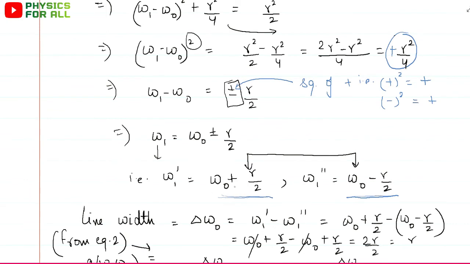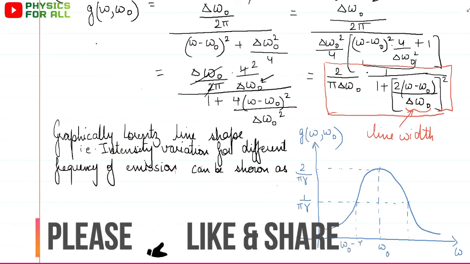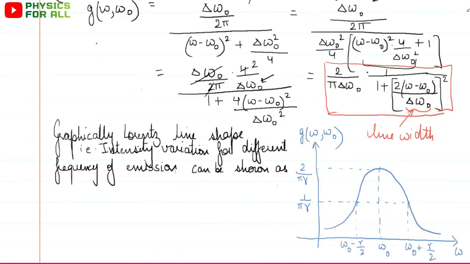Here, one is omega naught plus gamma by 2, the other one is omega naught minus gamma by 2. So this is omega naught minus gamma by 2 and this is omega naught plus gamma by 2. Thus, at half of the maximum intensity, these two frequencies will be involved.